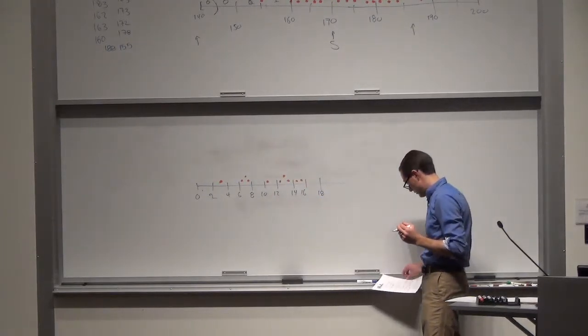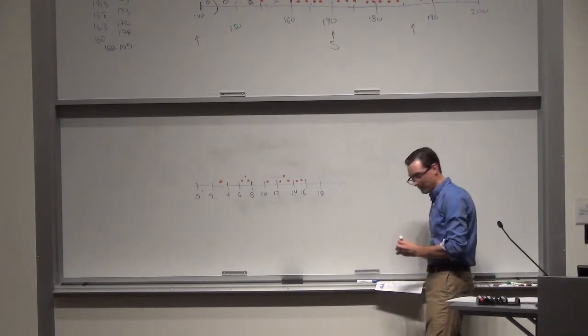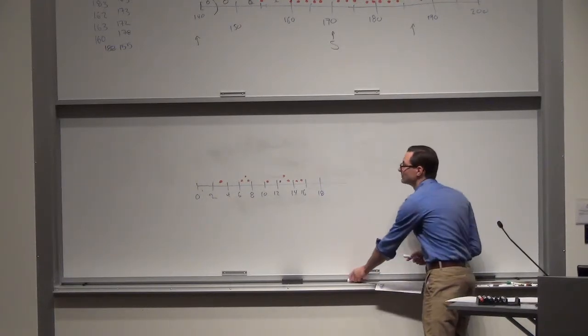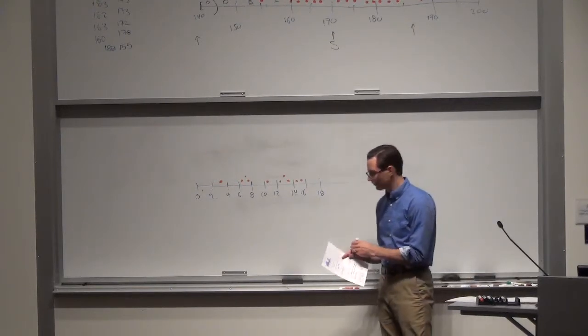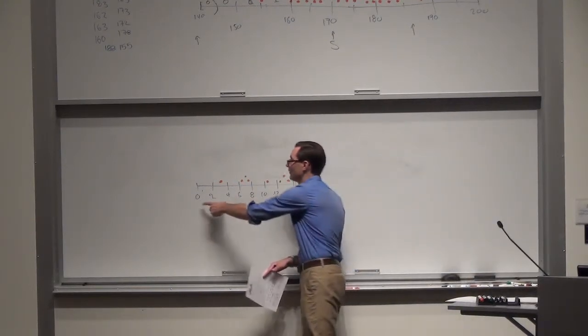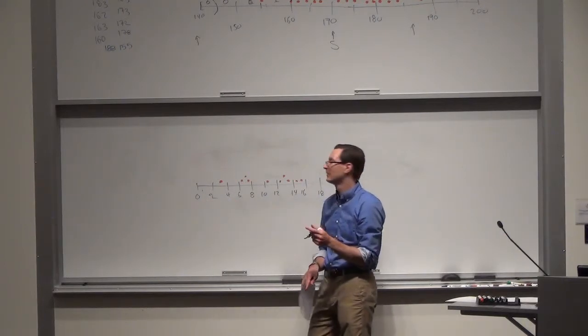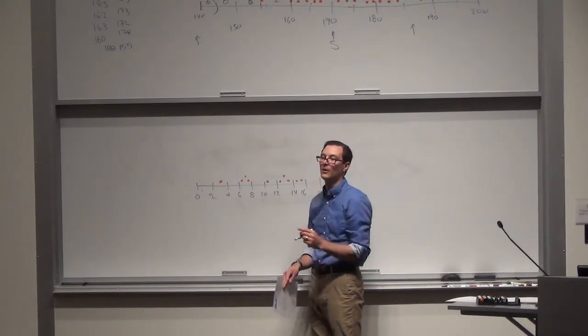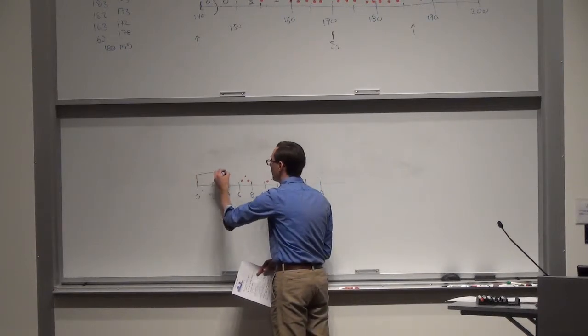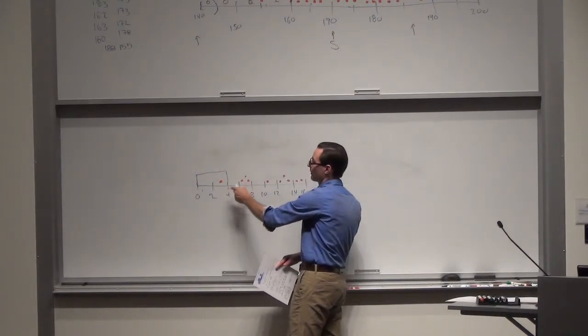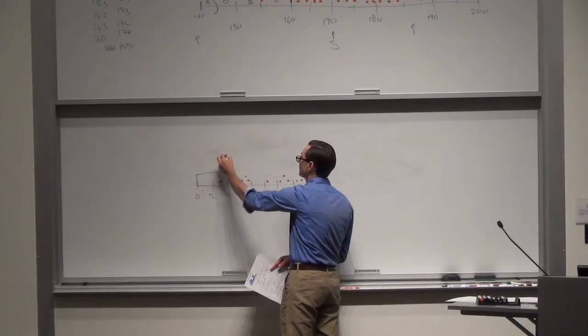All right. So let's make a histogram from this data where we choose relatively wide bins. So 4 wide. All right, so let's start at 0 and go up to 4. How tall is this one? 1. How about 4 to 8? 3.